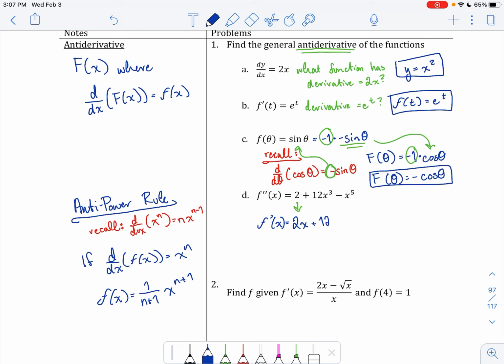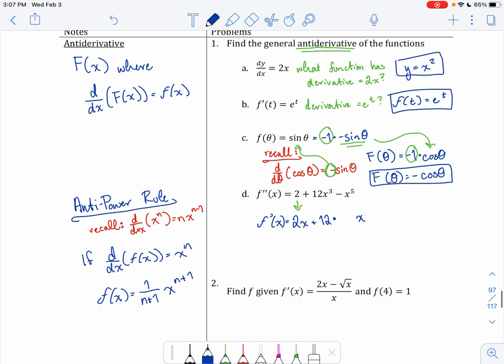So then this would be 12 for the coefficient, which you can also think about separately. And then I'm just going to use the anti-power rule and say, well, this is going to be x to the 3 plus 1, which is 4, minus 1 over 5 plus 1, which is 6, x to the 5 plus 1.